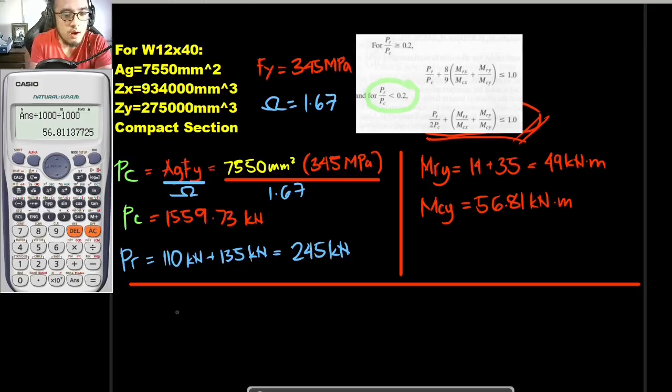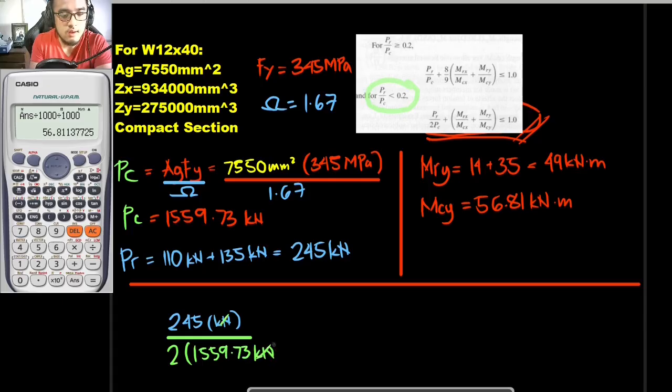Our PR is equal to 245. Let's do color coding so it is more organized. So 245 kilonewtons divided by 2PC, and our PC is 1559.73 kilonewtons. So kilonewtons would cancel out. Then we would be adding this, plus, since we don't have the value of MRX and MCX, we would be making use of MRY and MCY.